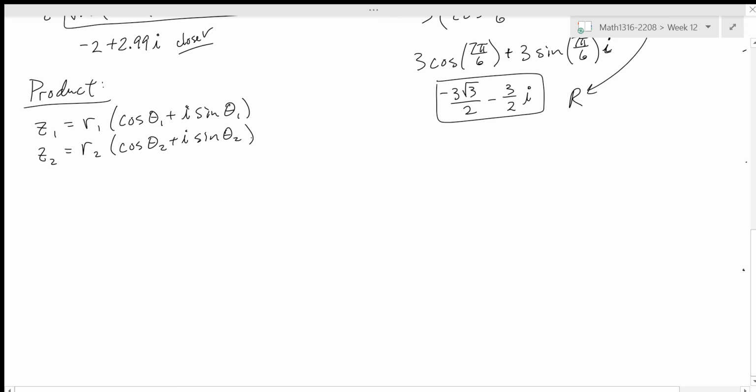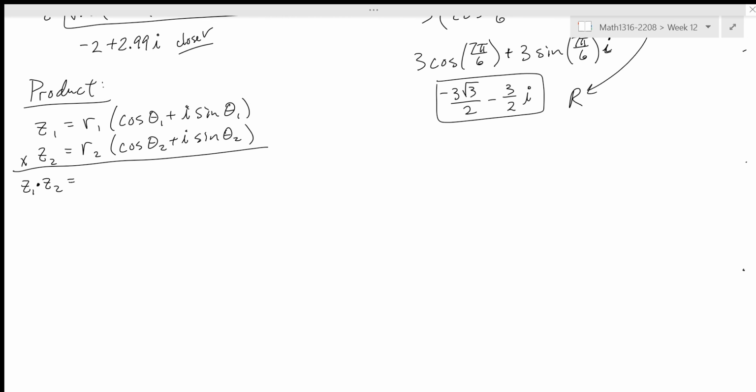So we've got two complex numbers in polar form. They're going to have different radii, R1 and R2, and different angles, theta 1 and theta 2. And we want to look at how I do Z1 times Z2.